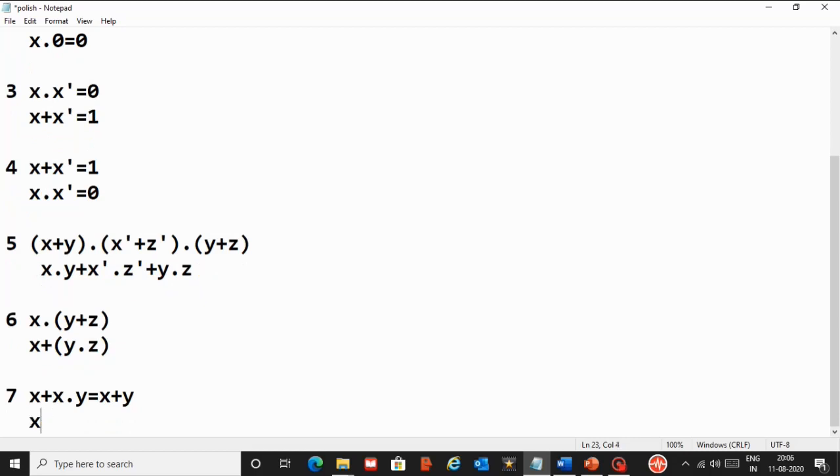Instead of plus, I need to write dot over there, and then this one, what will it become? It will become x plus y, right? Is equal to x dot y. Yeah, this is the dual.